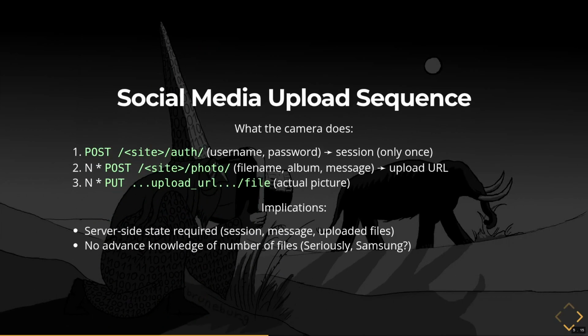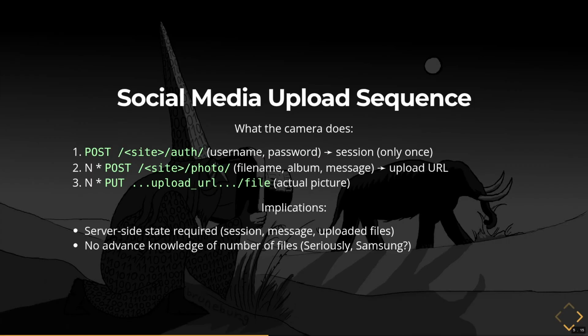Now, after the authentication, the camera is doing another post request to the Facebook, Picasa, whatever photo URL, and passing the file name of the photo to upload, album name, and a message that you can enter on the camera screen. And afterwards, it will use the upload URL gained from this post and just upload the picture to it.